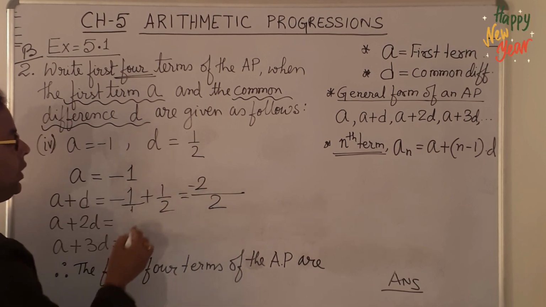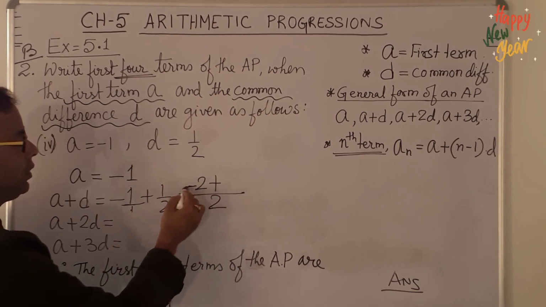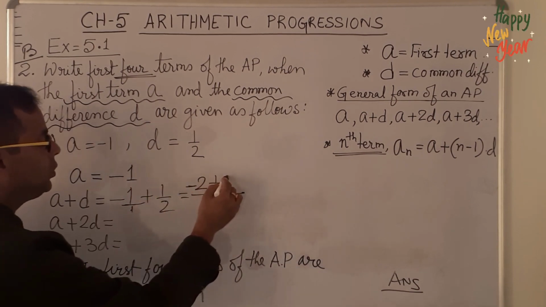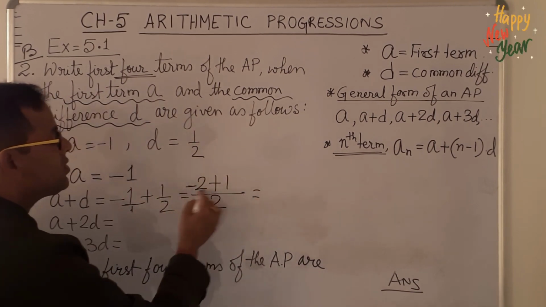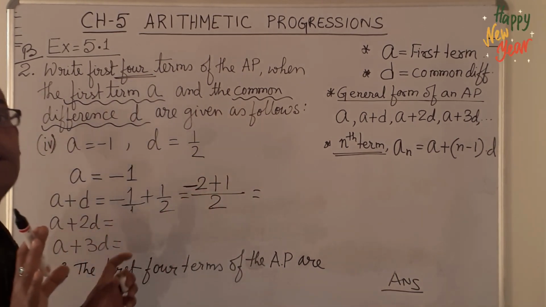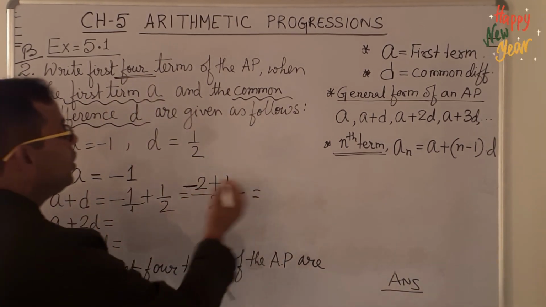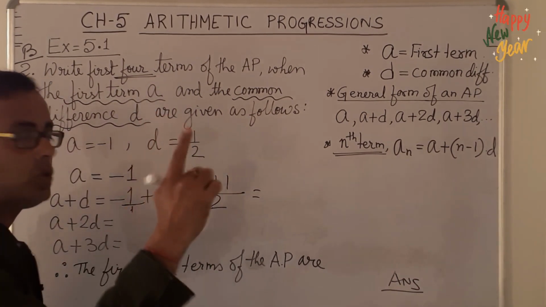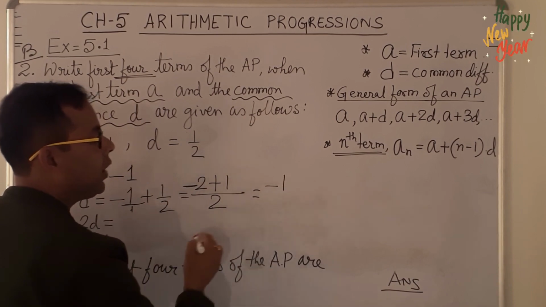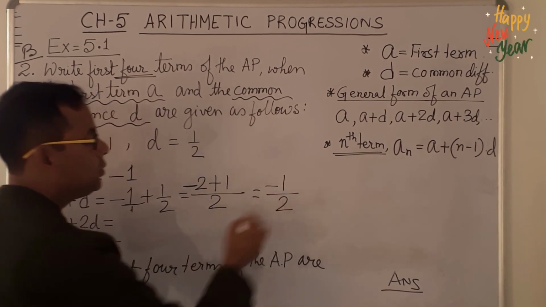So minus 2 plus, 2 how much are 2? 1. 1 into 1, 1. So minus 2 plus 1, minus plus, what we do? We subtract. So 2 or 1 subtracting is 1. And the sign we will take minus and 1, and then downside it is 2.